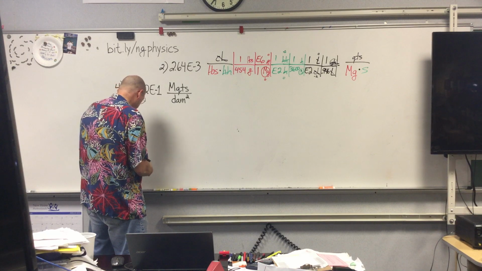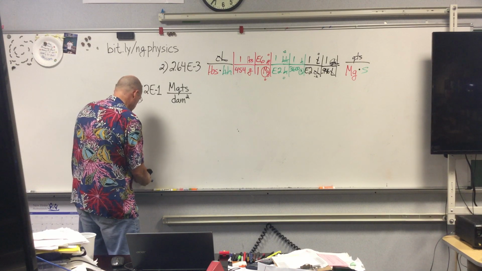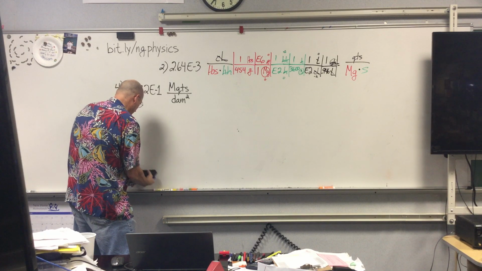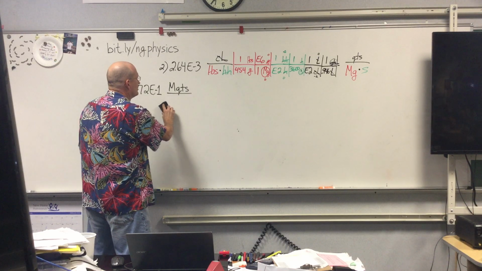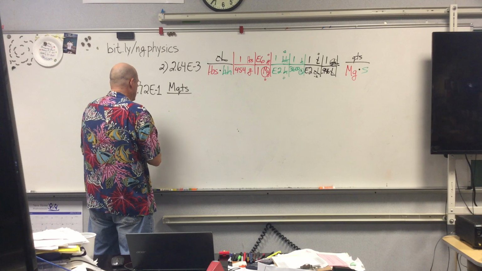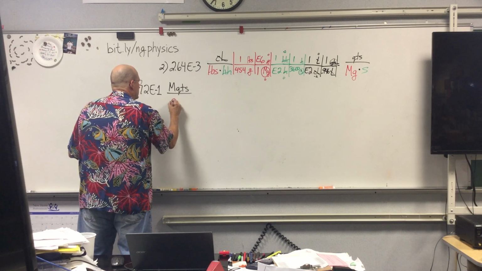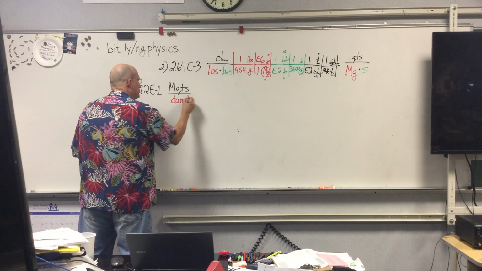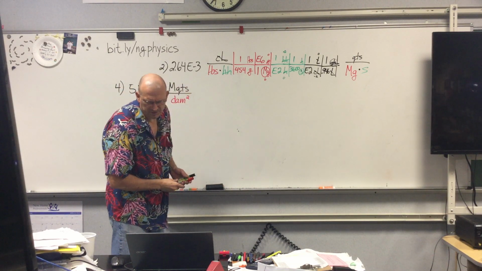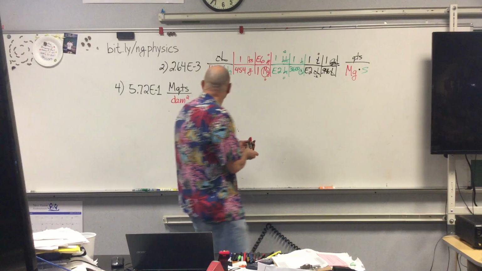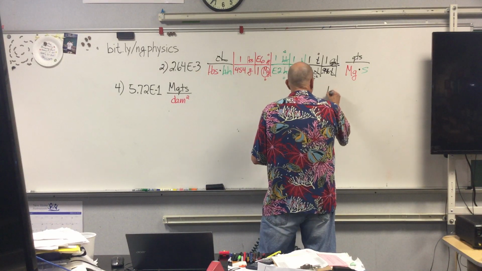I'm brain farting. Let's see, we'll just go with red, black and red on this one. Instead of the decameters, we'll put that one in red. And what we want to convert to is liters over miles squared.